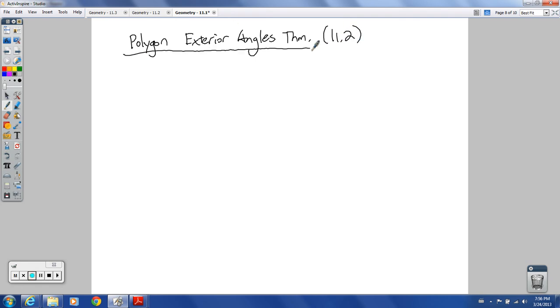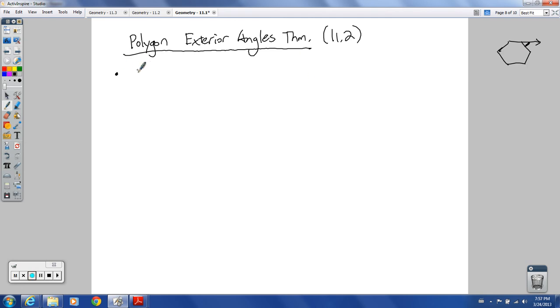So the polygon exterior angles theorem. Think about exterior angles. That's something we should remember from previous courses. You don't have to draw this for me. I don't want you to draw this actually right now. This is just to quickly make a point. So let's say we had a hexagon. The exterior angle would be something like this. We're talking about the angle right here. That would be an exterior angle to that hexagon.